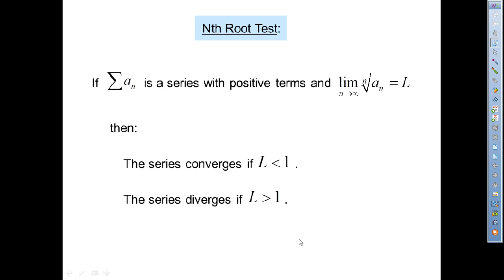The series will diverge if L is greater than 1, and it's inconclusive if L equals 1. A lot of the situations that we're dealing with, this is going to be what's happening. So different tests, but same conclusions for the same values. The reason this is called the nth root test, notice we take the nth root of a sub n, and then we take the limit as n approaches infinity.